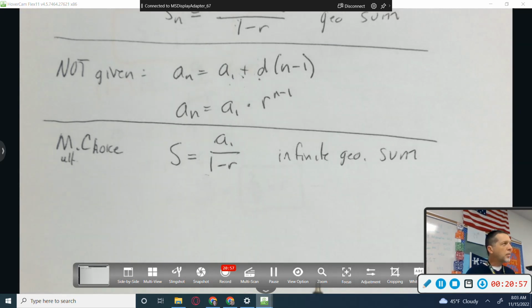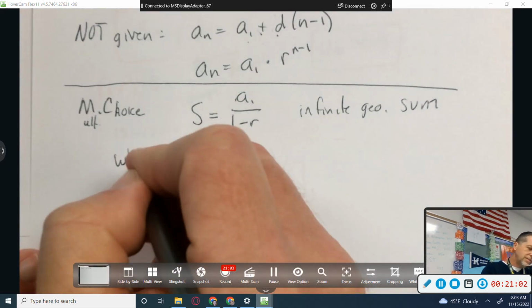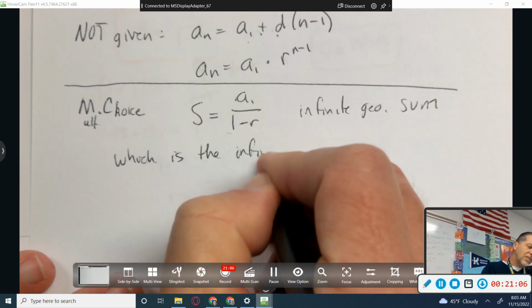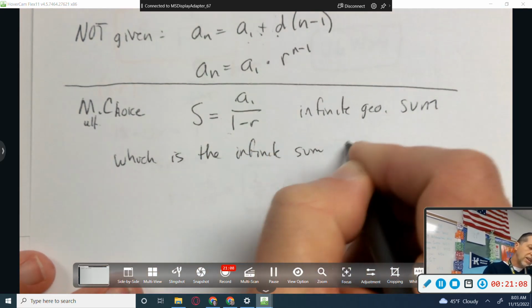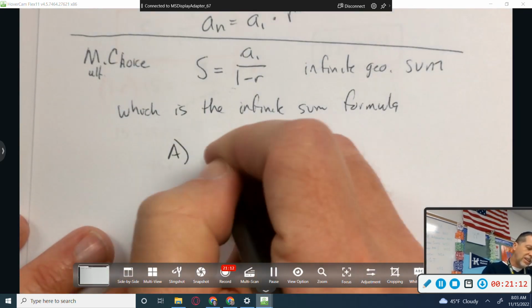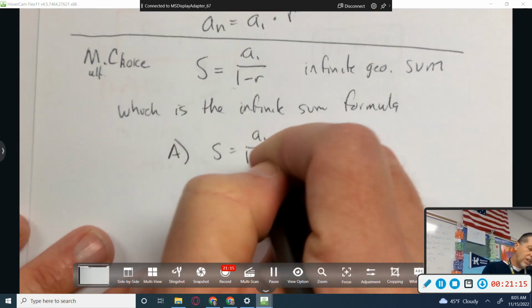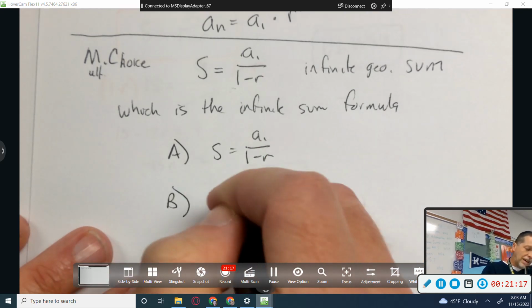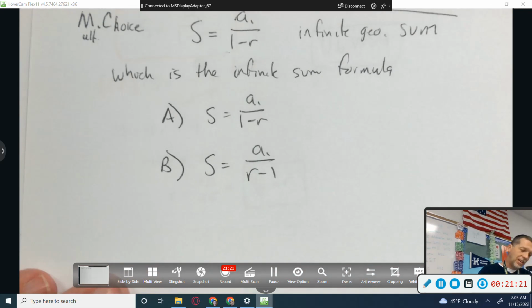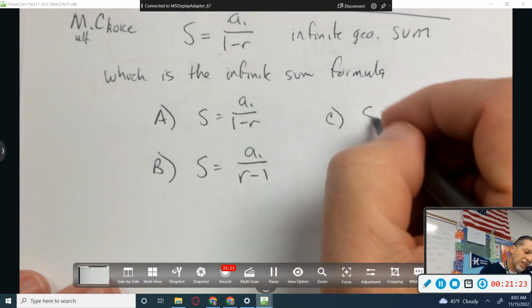When you say it's multiple choice, do you mean like the question is which of these formulas says? Yeah, it's like, which is the infinite sum formula? And obviously, there's our correct choice. I don't remember what the wrong choices are, but I bet r minus 1 would be an easy thing to mess up. Plus 1.